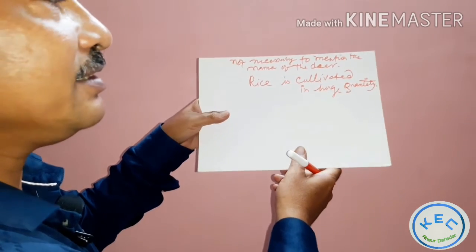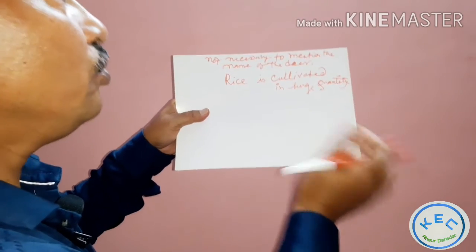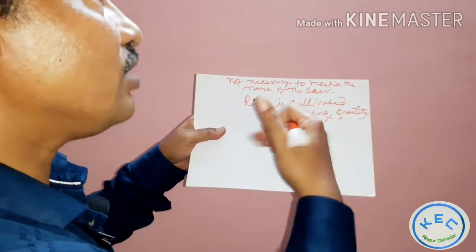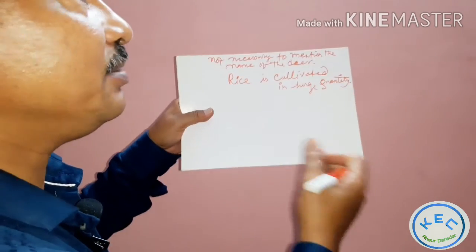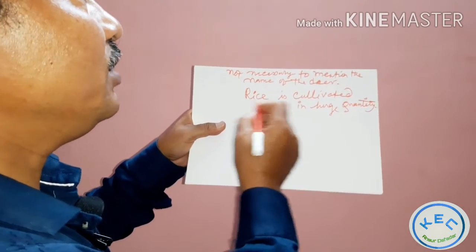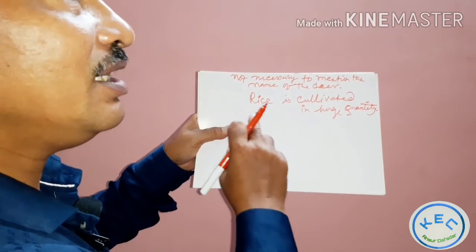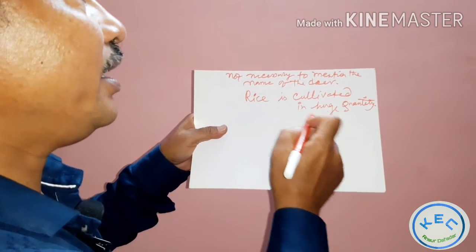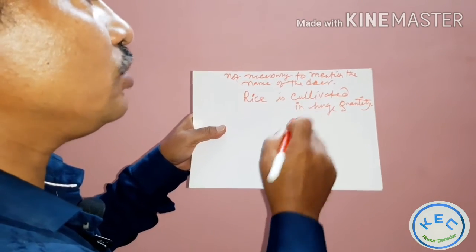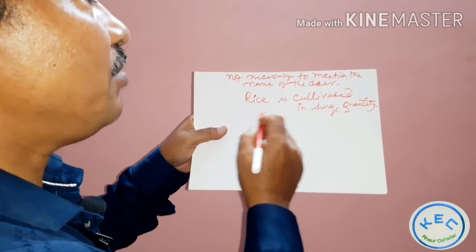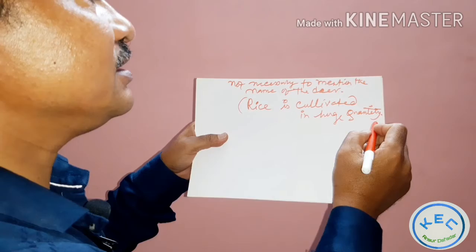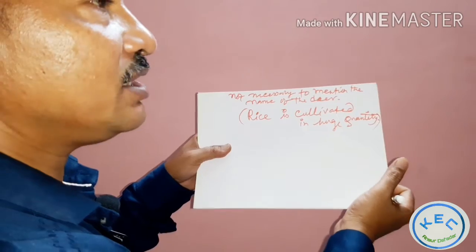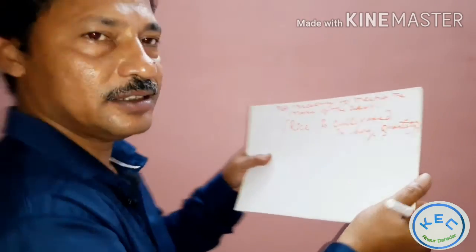The cultivation of rice is done, but who cultivates it is well known, so it is not necessary. We know farmers cultivate rice. So we should not mention the name of the doer. In this case, where the mention of the name of the doer is not necessary, we must use passive voice sentences. This is the second situation where we should use passive voice sentences.